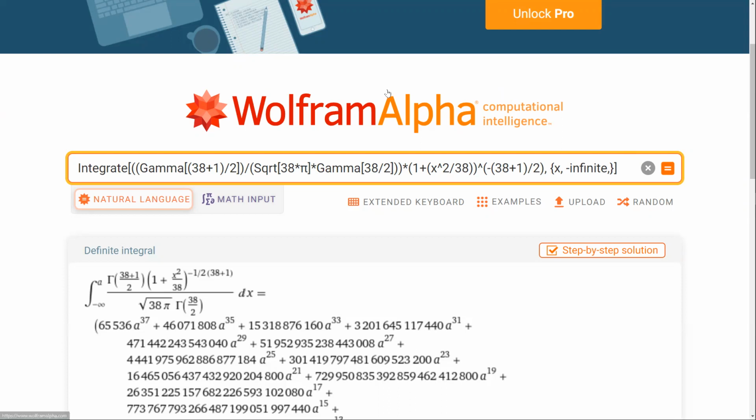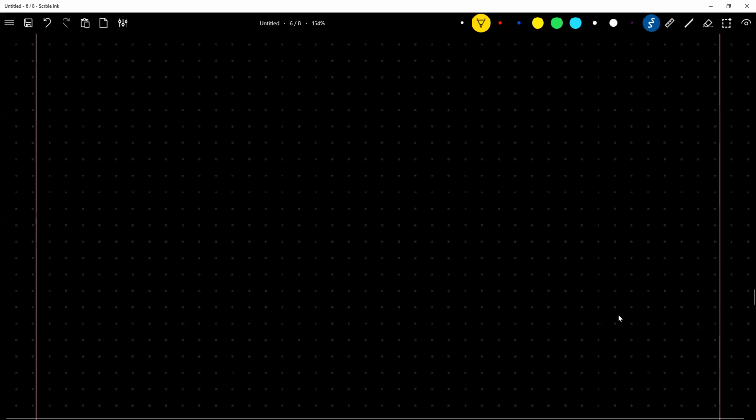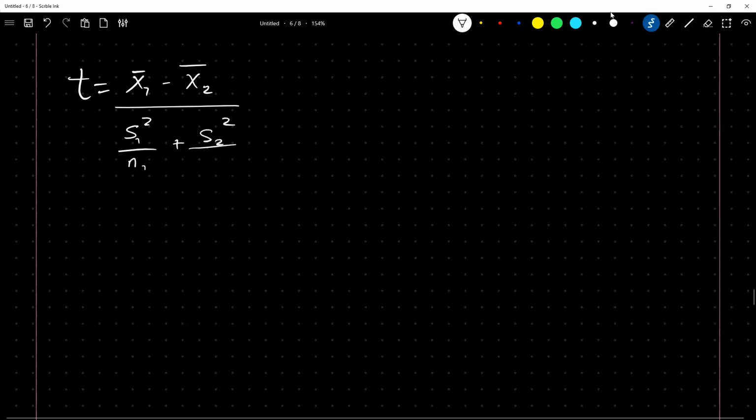All right, so let's go back over here. When you have a two-sample t-test, to get the test statistic, we take mean one minus mean two, divided by the square root of S1 squared over N1 plus S2 squared over N2.